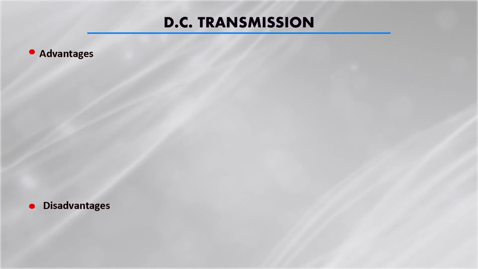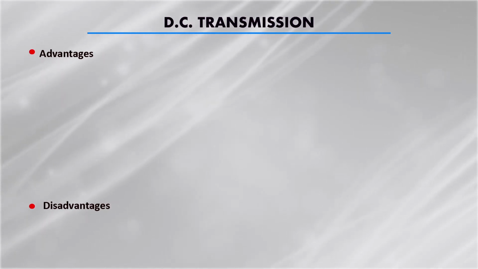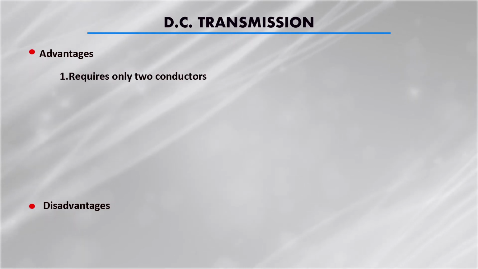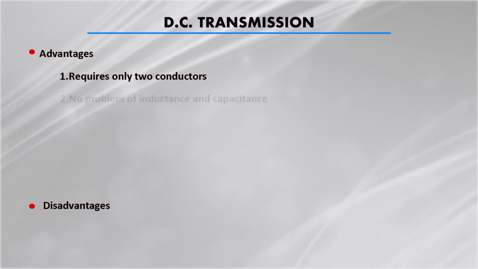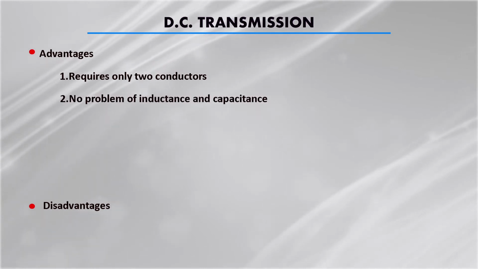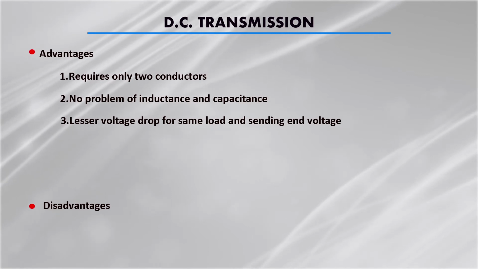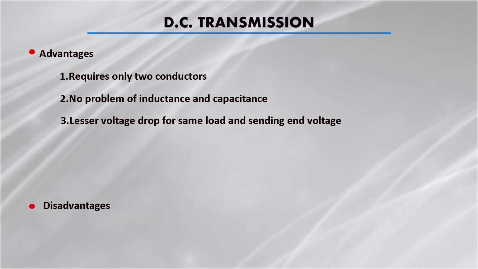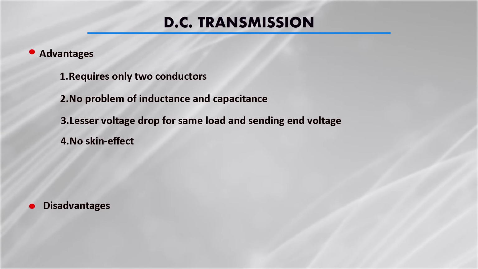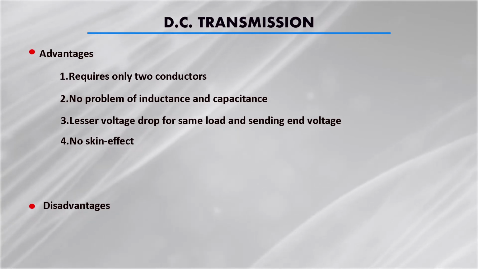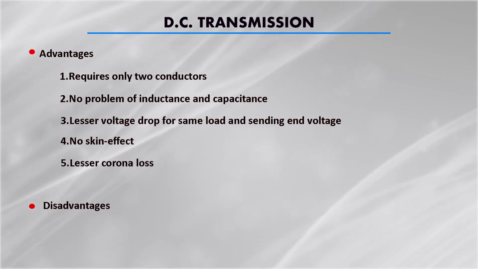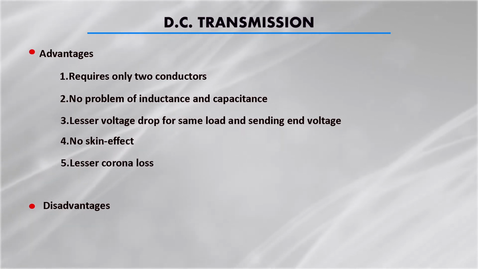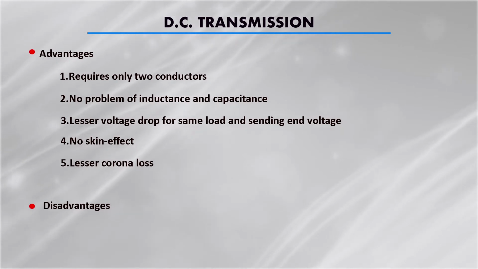Just briefly, what are the advantages and disadvantages of DC transmission? The advantages are that it requires only two conductors and there is no problem of inductance and capacitance. There is lesser voltage drop for the same load and sending end voltage, and no skin effect, which generally comes in the case of AC when you deal with alternating current.